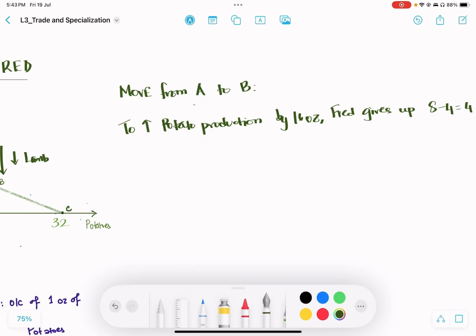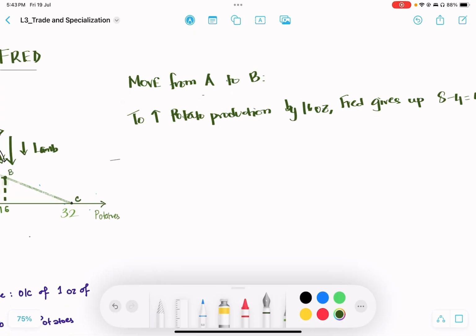Now we're going to use unitary method. I told you that's for the ease of comparing. So if you want to compare opportunity cost, how much each guy gives up, Fred versus Ron, you need to take it in terms of 1. So let's do that.